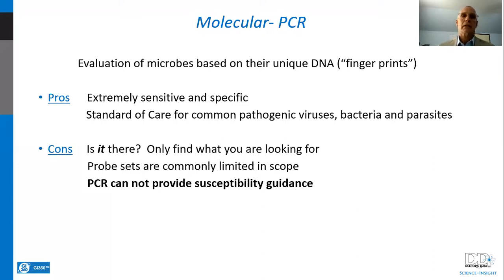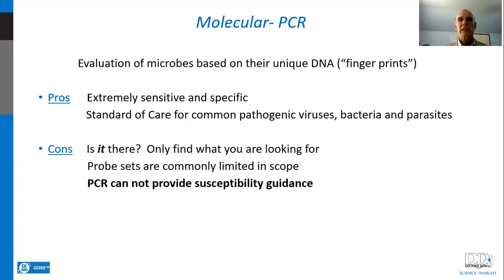Molecular, PCR. PCR evaluates the microbes based on their unique DNA fingerprints. PCR can be extremely sensitive and specific. In fact, it's the standard of care now in the hospital setting for the common pathogenic viruses, bacteria, and parasites, but we can go beyond that.